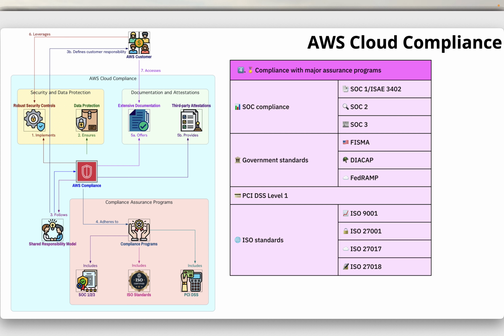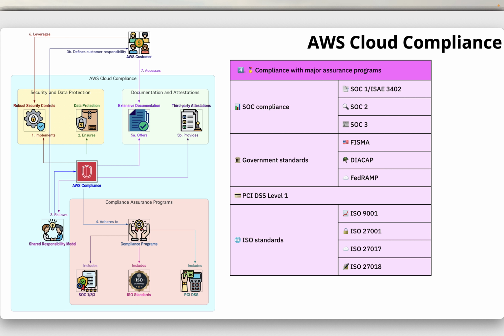Then FISMA is Federal Information Security Management Act. DIACAP is Department of Defense Information Assurance Certification and Accreditation Process. Then FedRAMP is Federal Risk and Authorization Management Program. And PCI DSS is Payment Card Industry Data Security Standard.